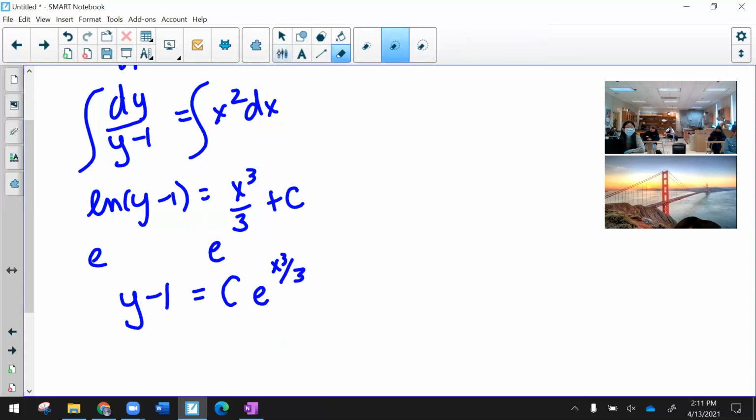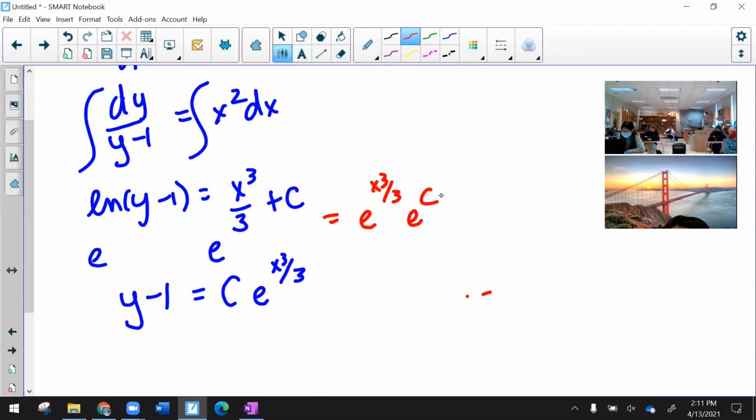Remember that when I add exponents, I'm multiplying bases. And then e to the c is just a constant, like c is.